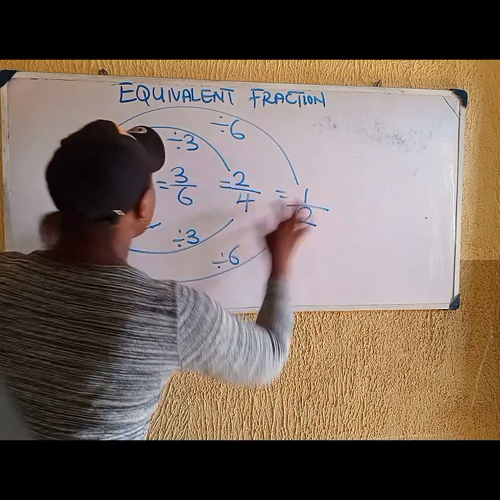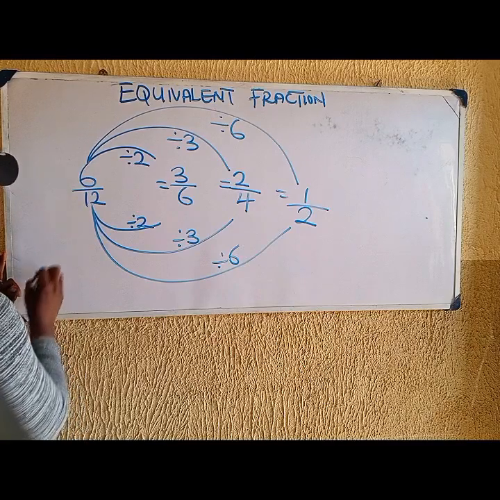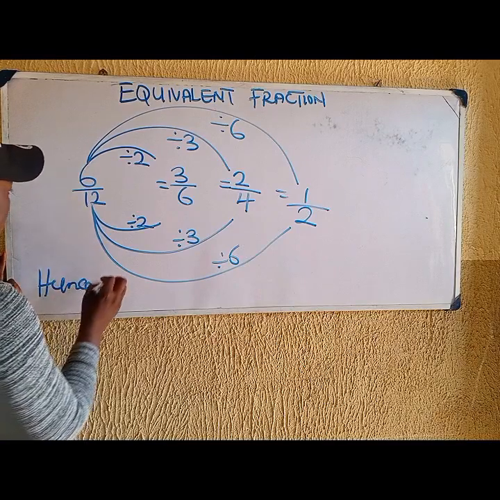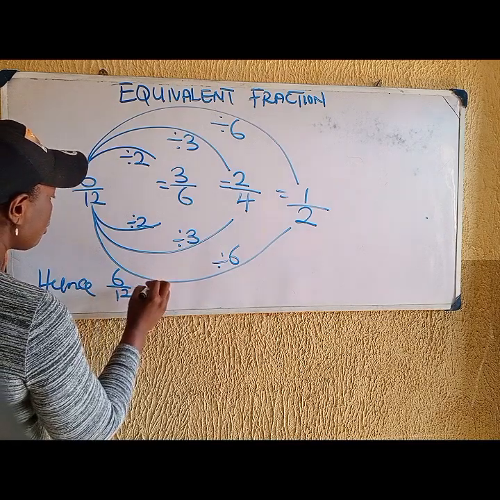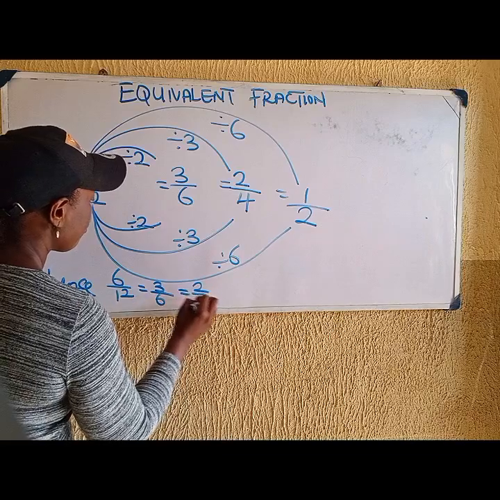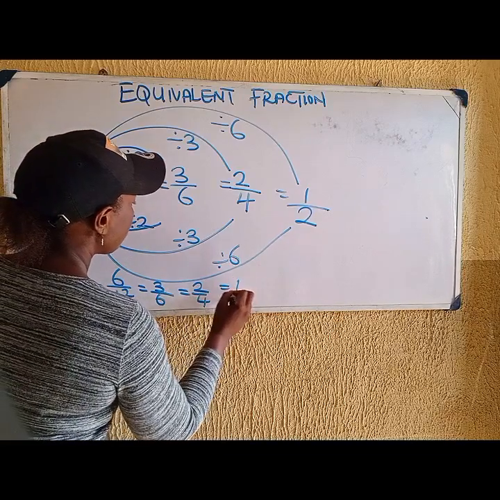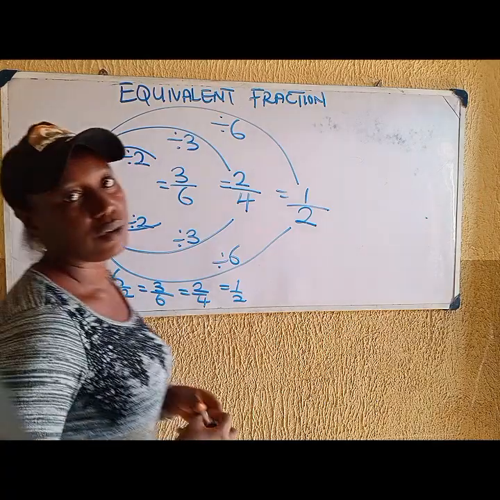So all these are equivalent fractions of 6 over 12. Hence, we now say that 6 over 12 is equal to 3 over 6, which is equal to 2 over 4, which is equal to 1 over 2. They are all equal.